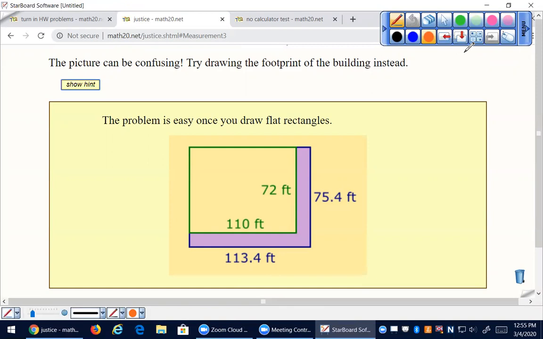shaded area. So what's my plan going to be? How am I going to get to that purple L-shaped thing?